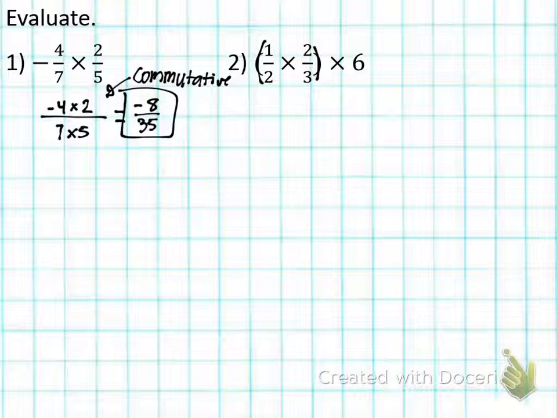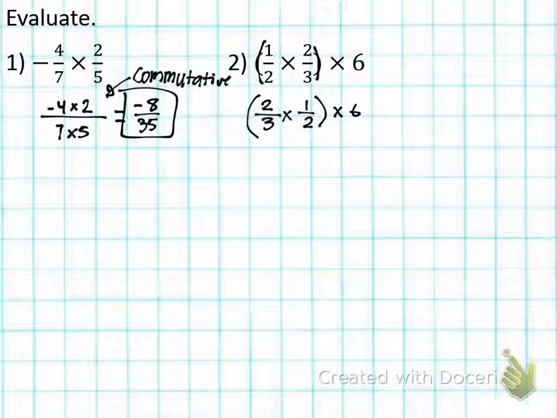The first thing I'm going to do is use the commutative property, and I'm going to write 2/3 times 1/2. I switched the two fractions around and kept the 6 there, using the commutative property of multiplication.